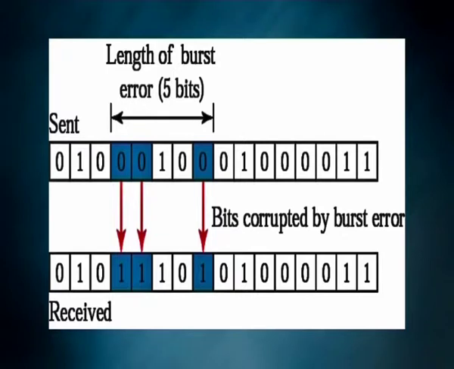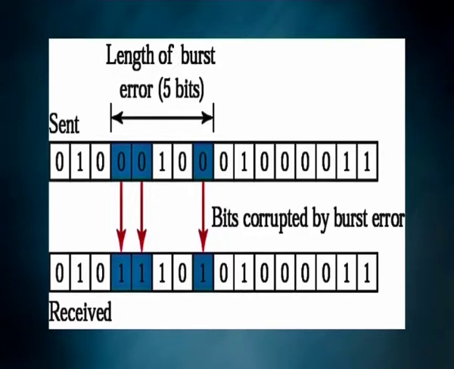Burst error means that two or more bits in the data unit are changed. Burst error is also called packet level error, where errors like packet loss, duplication, reordering take place. In the figure shown, please notice that 3 zeros are converted into 1.